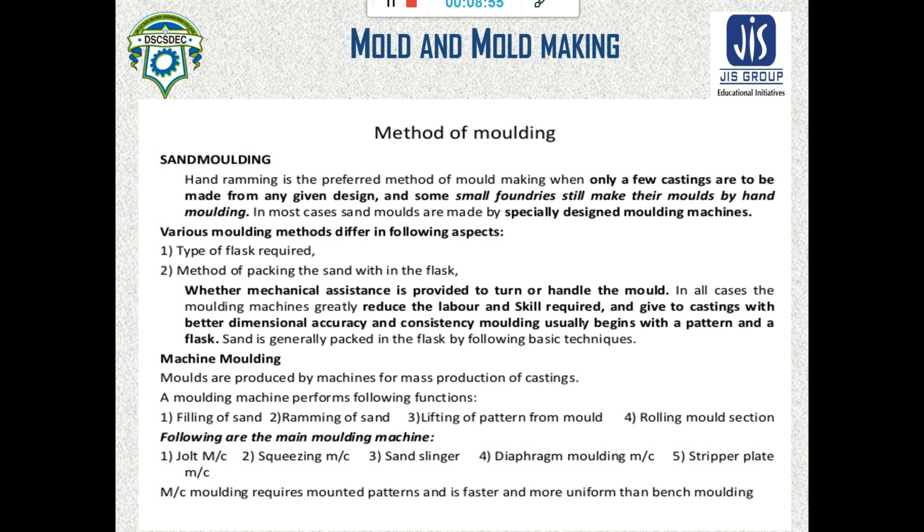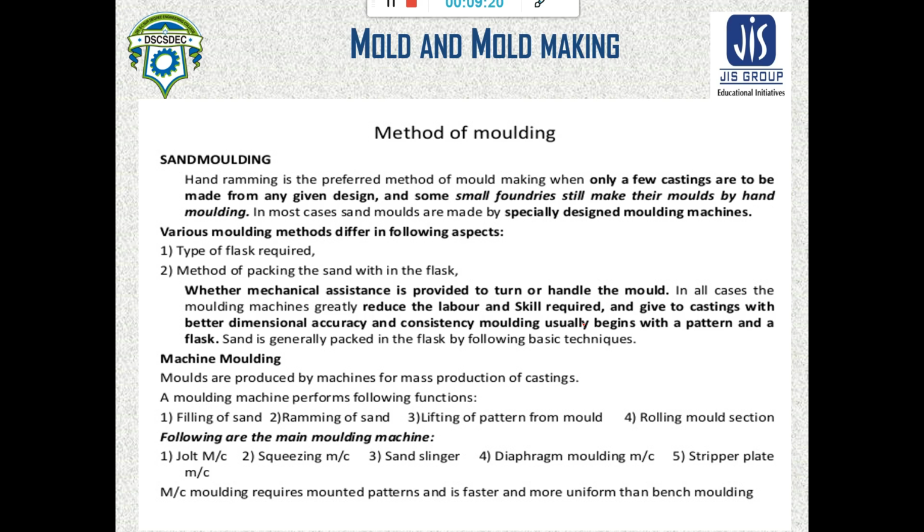In all cases, molding machines greatly reduce the labor and skill required, and give castings with better dimensional accuracy and consistency of the molding. Molding usually begins with a pattern and a flask. Sand is generally packed in the flask by the following basic technique.